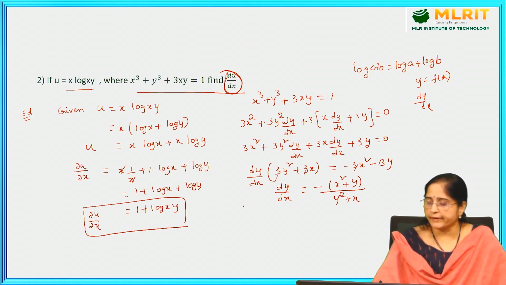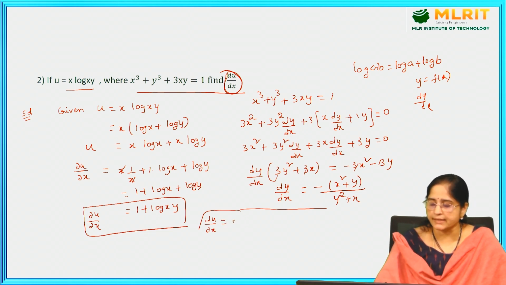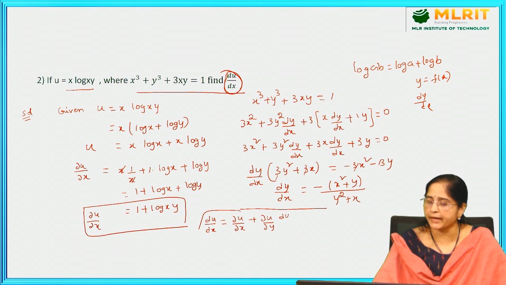So total derivative is du by dx equals, the formula is, u is a function of x, that's why dou u by dou x, plus u is a function of x and y, dou u by dou y into, y is a function of x, that is dy by dx. y is a function of the single variable x, that's why we can write dy by dx.